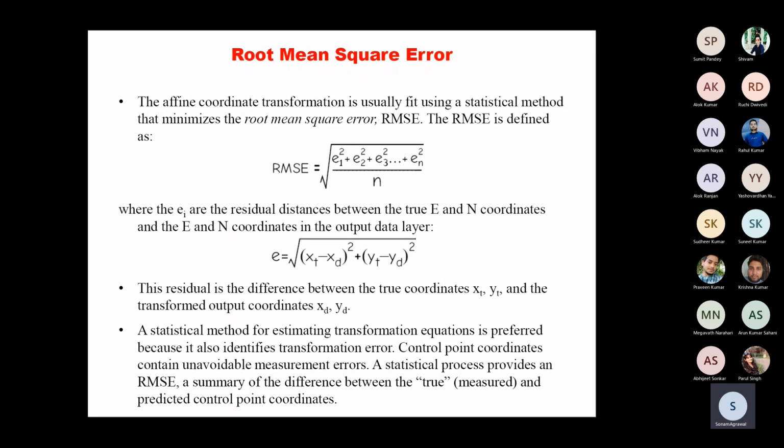Whenever a control point gives a very high residual error, we delete that point and mark the control point again. Once the residual errors are computed, the RMSE, root mean square error, is computed for the whole georeferencing procedure by the formula given over here.